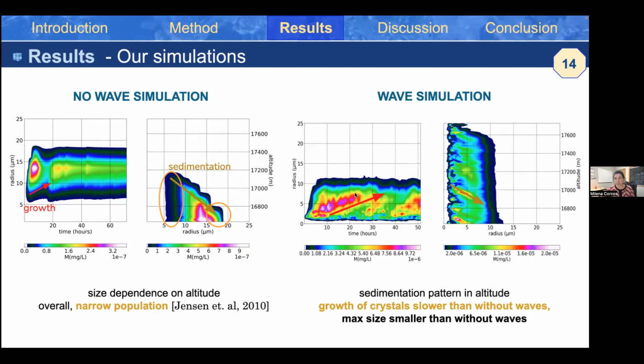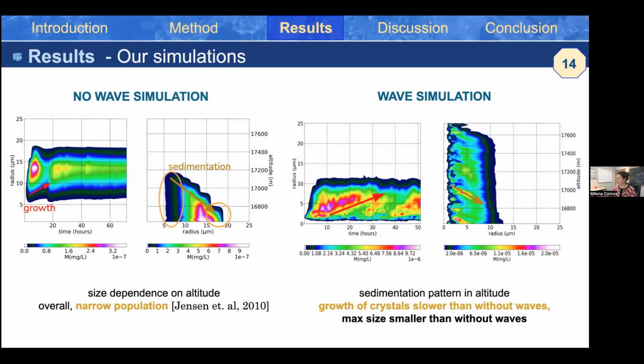And this growth is actually slower than without the gravity waves. And we can explain that by the fact that we have perturbations of temperature in a non-saturated environment. So the warmer fluctuations will force the crystals to release some water vapor, and so the whole growth will be slower.